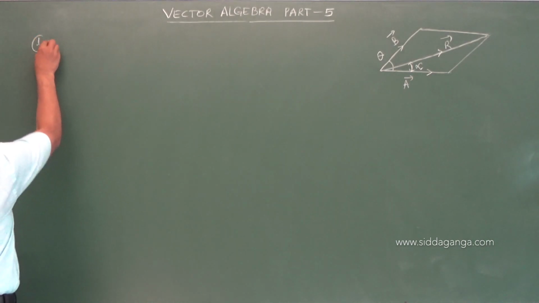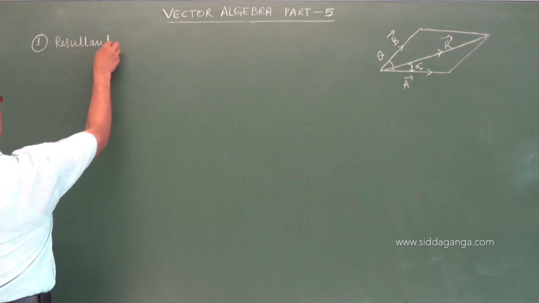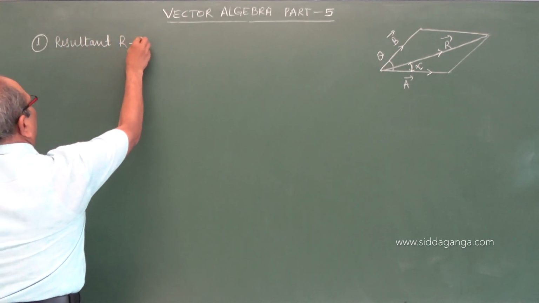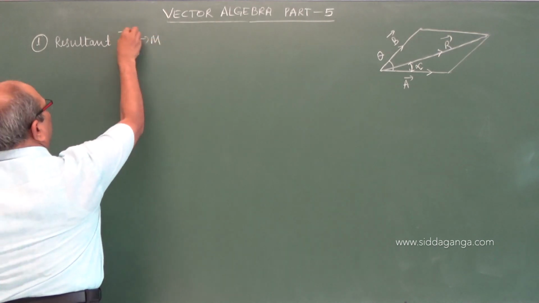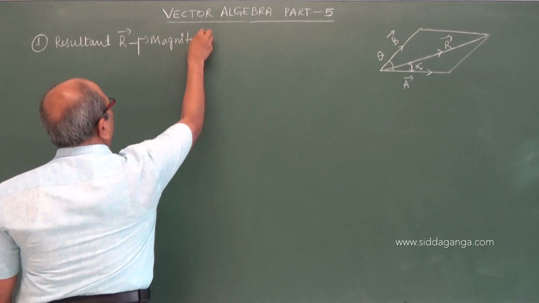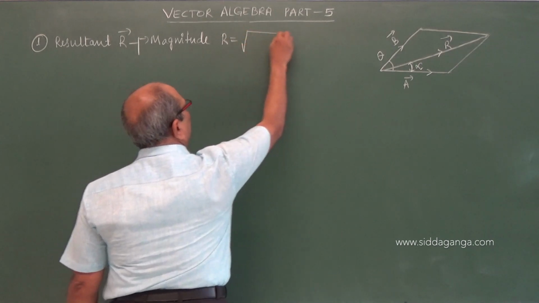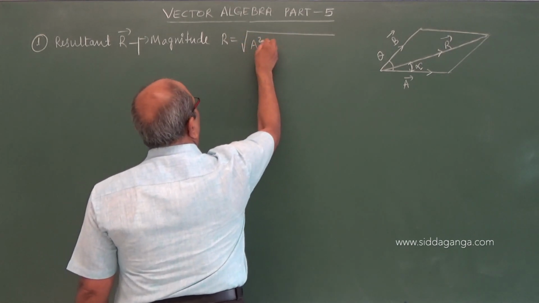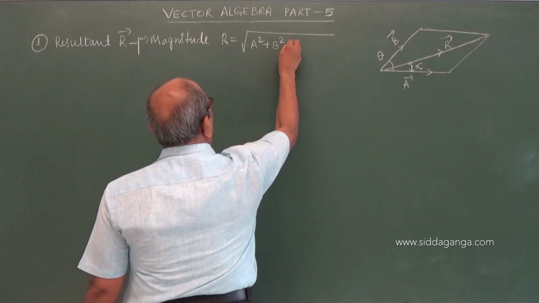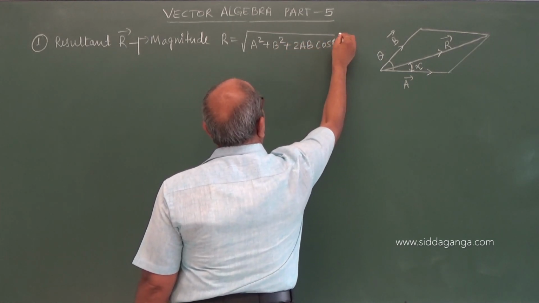The resultant R, its magnitude, has the equation R equals root of A square plus B square plus 2AB cos theta.